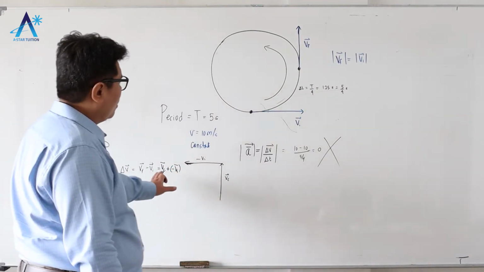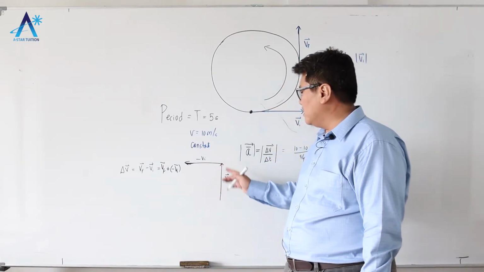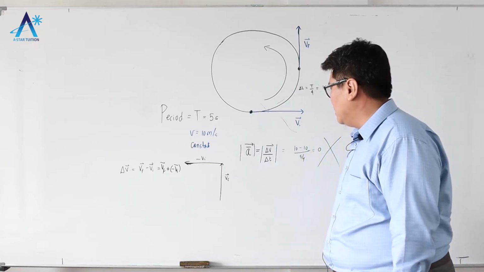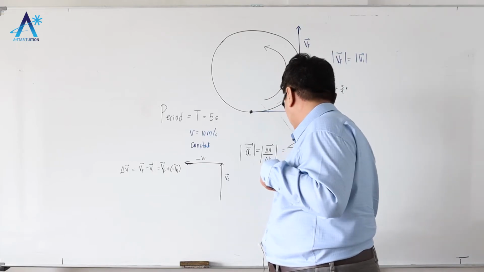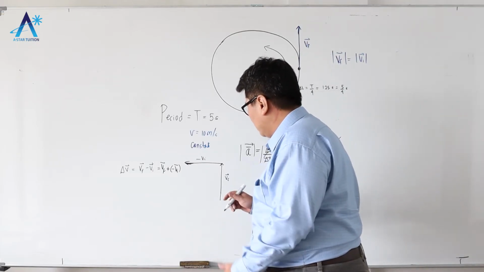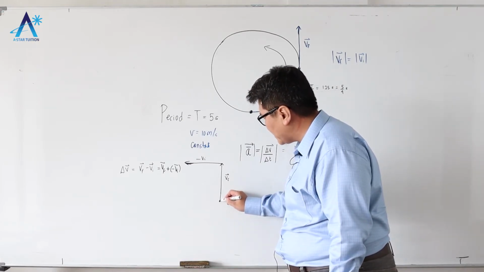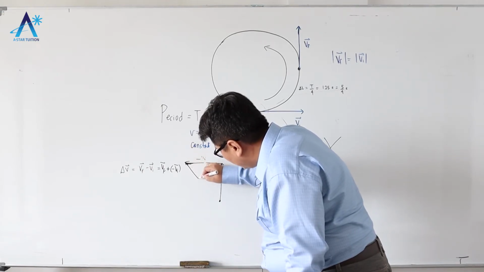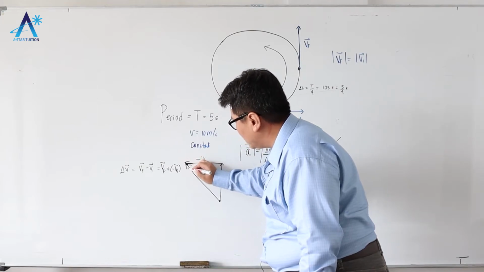Make sure that you draw these two vectors with the same length and same magnitude. Then the resultant is simply a vector that you draw from the tail of the first vector to the tip of the second vector. So you can see that the resultant is going this way.